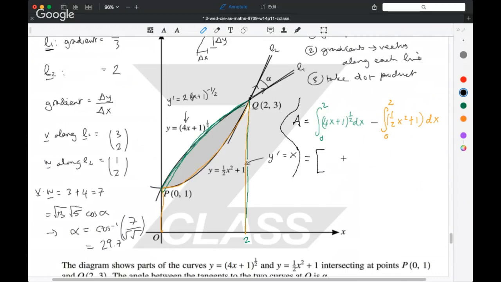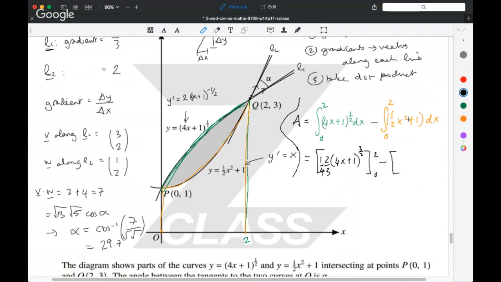Well, what about (4x plus 1) to the 3/2? If I did that, I would get 3/2 out the front. So I need to divide by 3/2 or multiply by 2/3. And I would also get a 4 out the front, so I want to get rid of that. So now if I differentiate this whole thing, the 3/2 will cancel the 2/3, the 4 will cancel the 1/4, and then this thing will go down from 3/2 to 1/2, and I get back that.